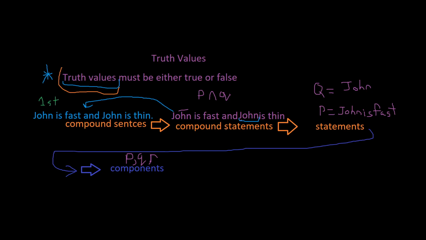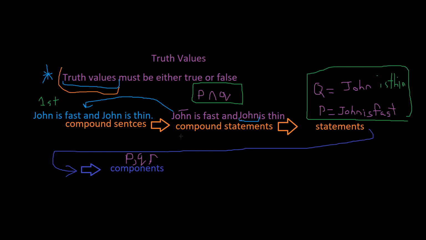We already have it as a compound statement, but now we want to define it in P's and Q's. And so we say P and Q. And so now we look at our statements separately. And so now we're saying, oh, John is fast and John is thin. So now we understand what is defined. And then finally, we could just figure out what the components are, which we just did right here.